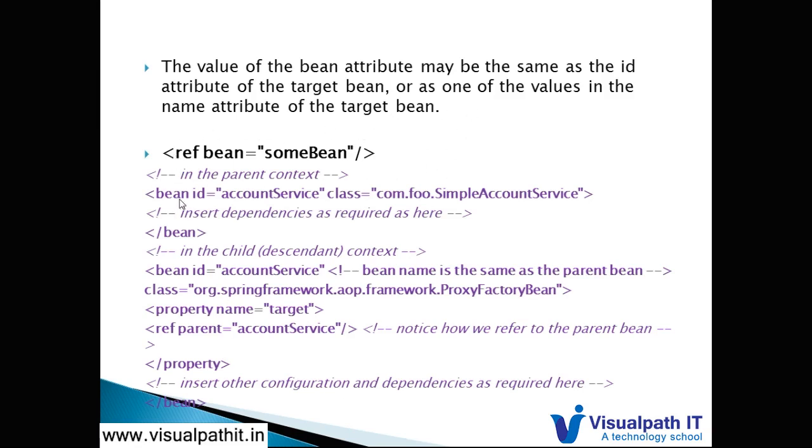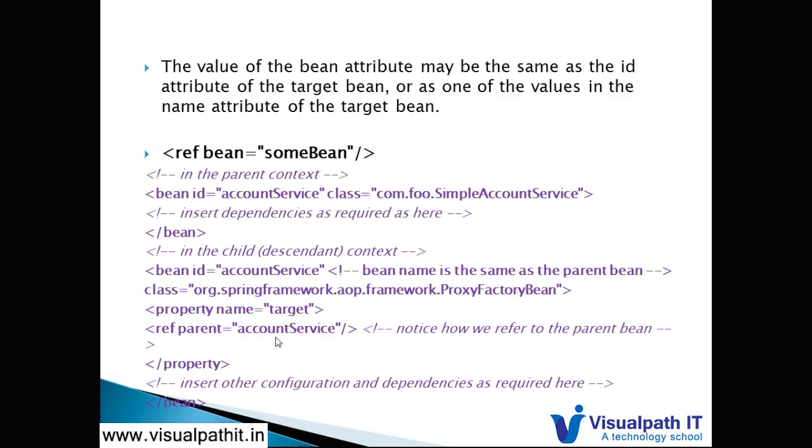For example, see here, bean id equal to accountService, class equal to com.foo.SimpleAccountService. Here the ref parent equal to accountService means it is referring to the parent bean. This name and this name are both the same, accountService. someBean is just an example. This is the actual real world example where accountService is the bean name and the parent name just follows this.